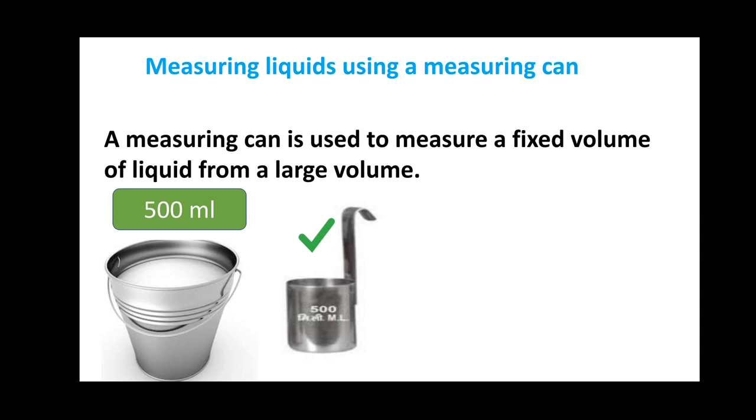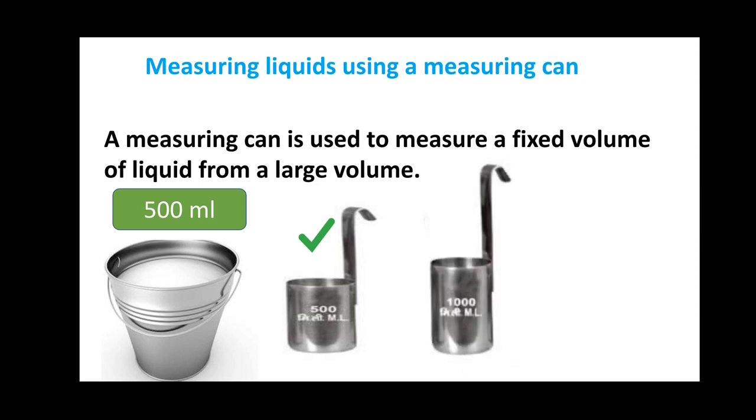Instead of this 500 ml can, if we take the measuring can of 1000 ml, it won't work out. Why? Because any measuring can cannot measure a volume less than its capacity.